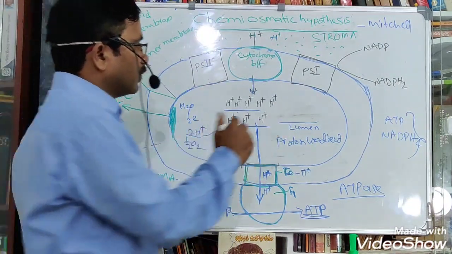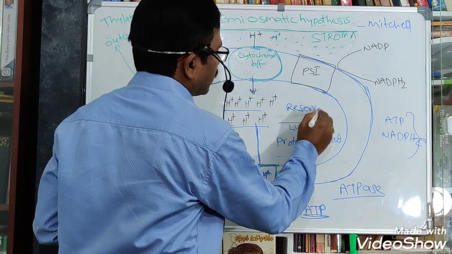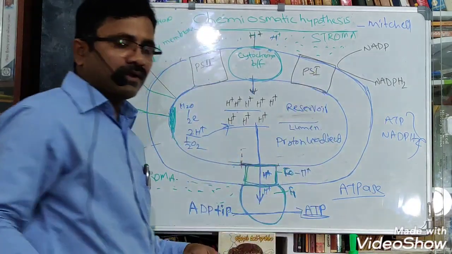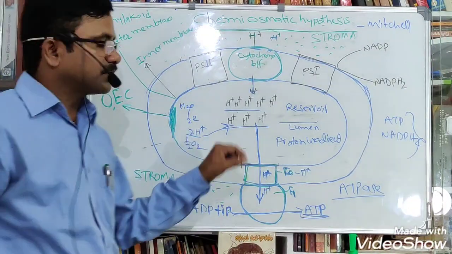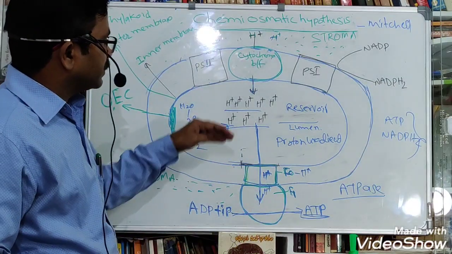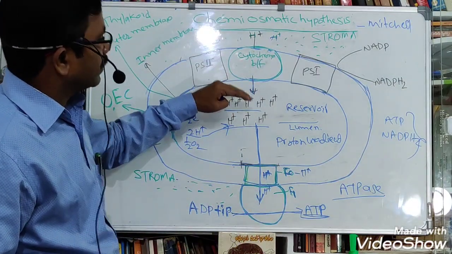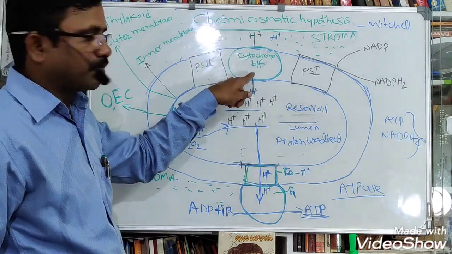Lumen is also known as the proton reservoir. The lumen is the space of the thylakoid that acts as a proton reservoir. So due to this, protons are accumulated in the lumen via the cytochrome B6F complex.